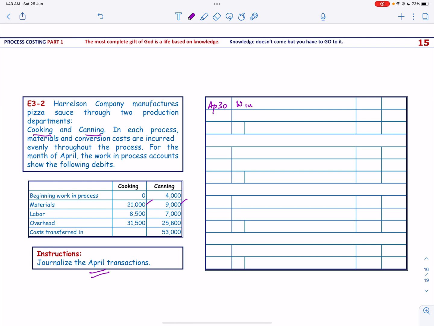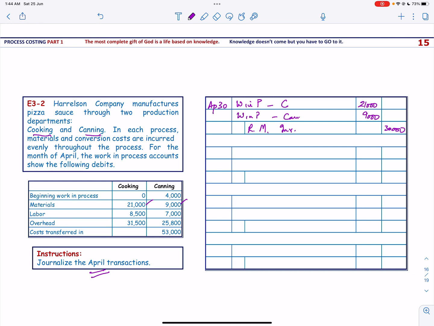So work in process cooking is debited for 21,000 and work in process canning is debited by 9,000 and raw material inventory is credited by 30,000. We have already stated before that at the beginning of the process a company may add raw material, and in this exercise the company is adding material for cooking and canning.